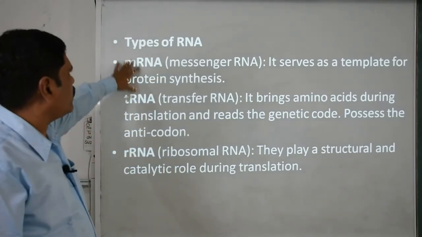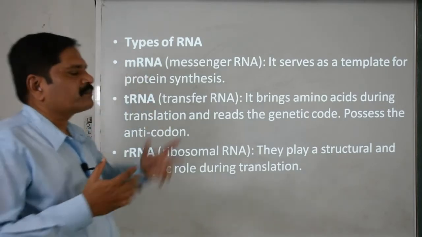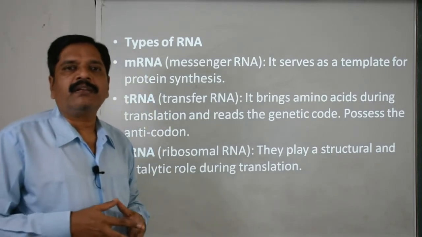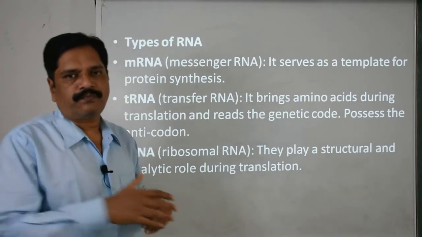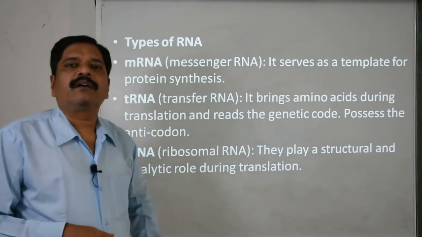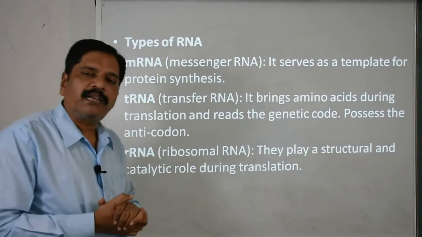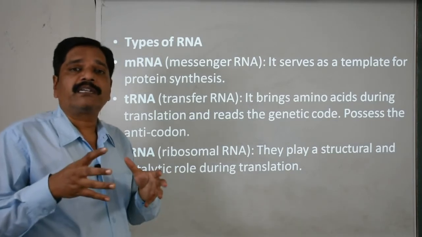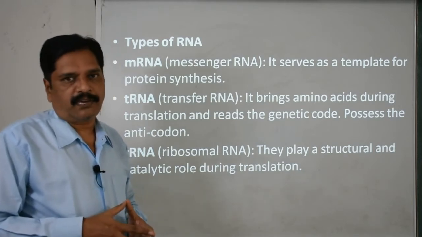Now the types of RNA, you know that mRNA, tRNA and rRNA. This mRNA is the messenger RNA which is responsible to carry the information from DNA to cytoplasm, and it is only formed when the information needs to be carried. Second is the tRNA, that is transfer RNA. It is responsible to attach to the amino acid which is present inactively in the cytoplasm.